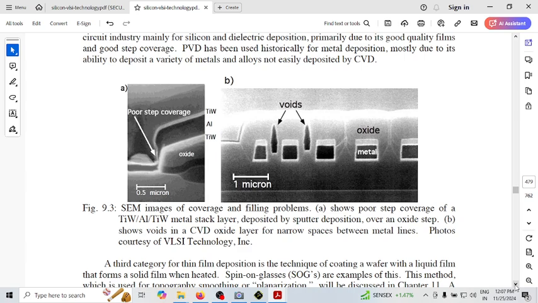The overall thing we are trying to see here is that whenever you are depositing any thin film, there are so many issues associated. As we saw initially, the composition should be good, the contamination should be as small as possible, it should have very little mechanical stress, very good electrical properties, very good adhesion to the subsequent layer, and it should not have any defects.